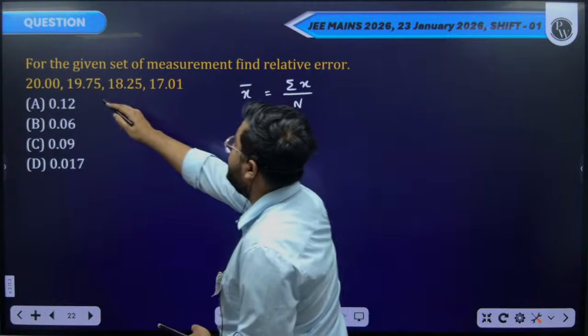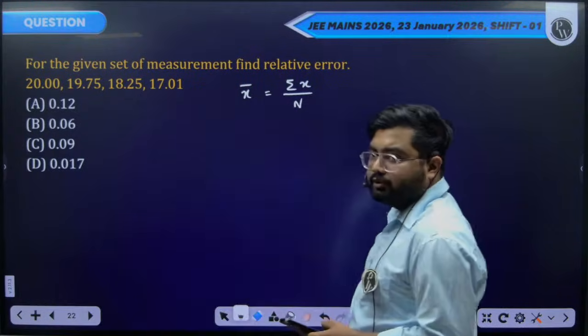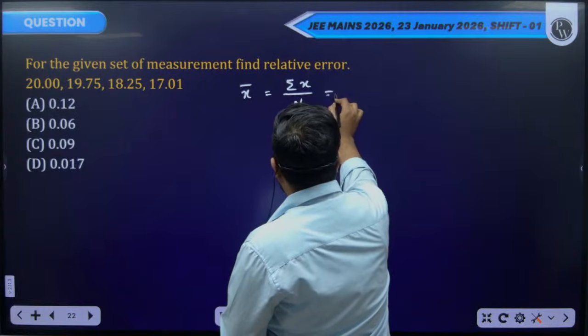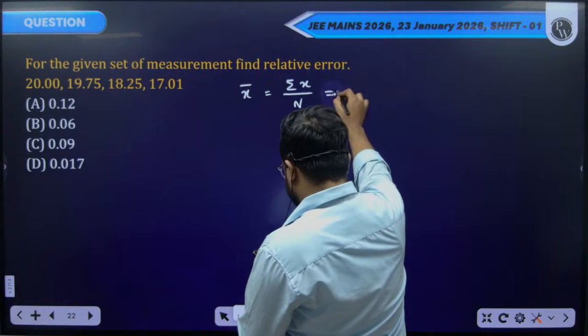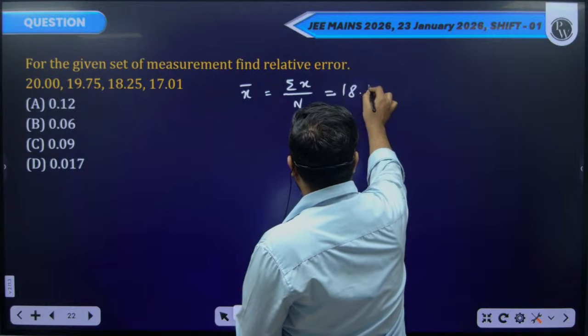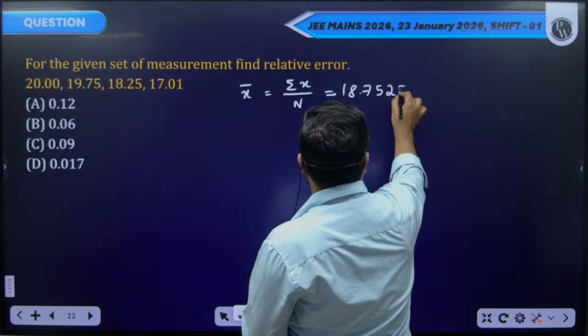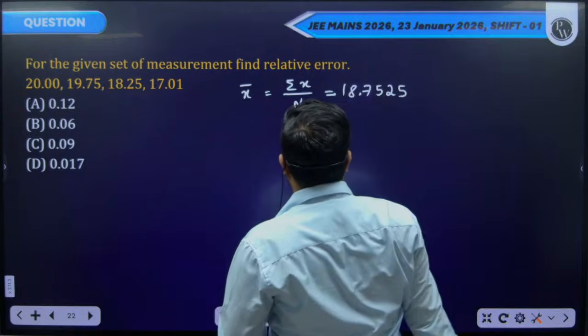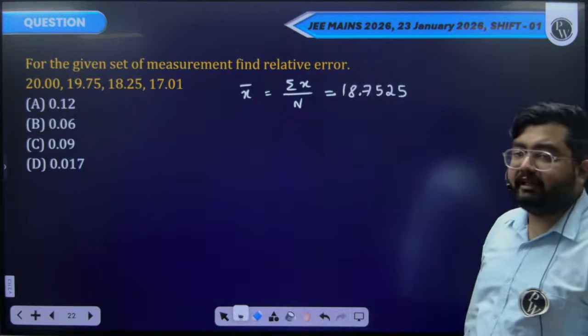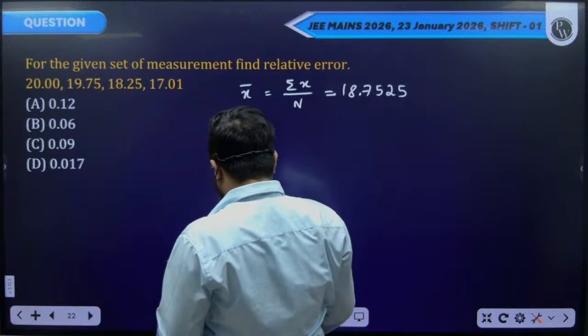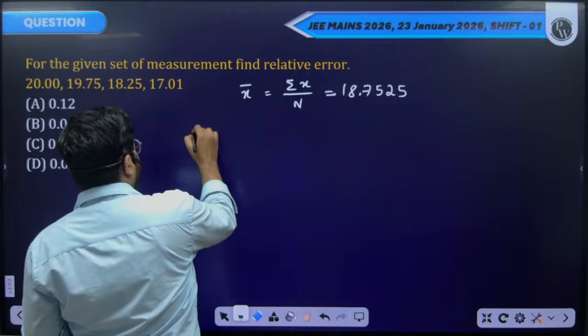So if I add all of them and divide it by 4, I am going to get this value as 18.7525. This is what we get after dividing by 4. So this is the true value. Now we find the absolute errors.